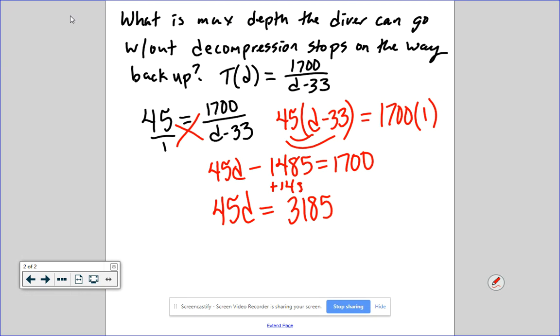How'd I get that? I added 1485 to both sides. Again, why am I adding? Because it's negative, right? And I need to make it positive. Now I divide by 45. And I get that my depth is 70.78 feet. So what's that saying? The diver can go down 70 feet without having to stop at some point for decompression.